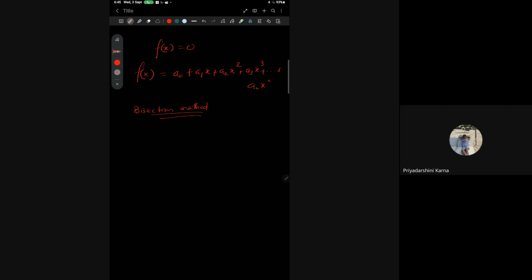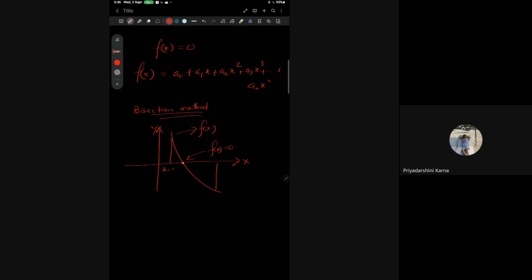Basically, just to revise, suppose we have a plot of f of x. Let's say this is my f of x. Then f of x is equal to 0 is this point. This is x-axis, this is y-axis. So then what we do, we take 2 points, one over here, one over here.